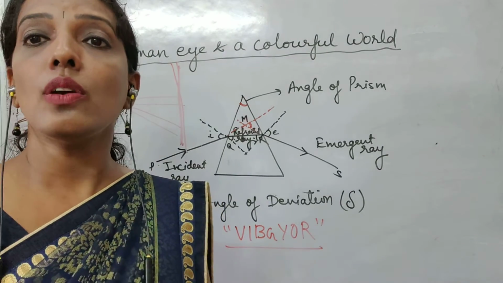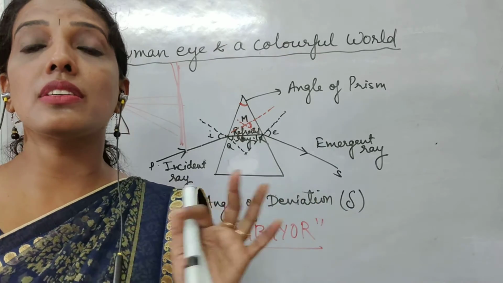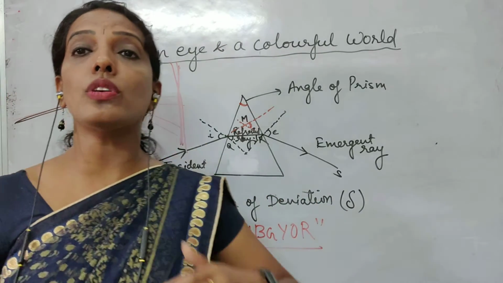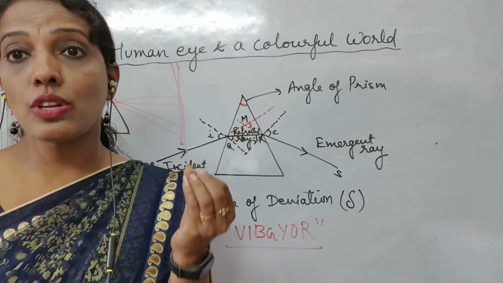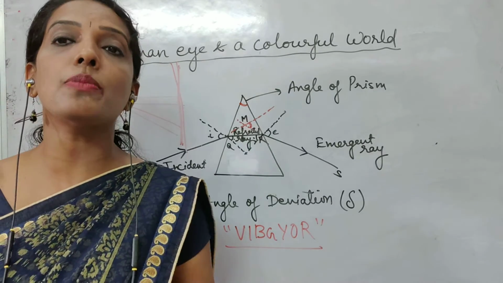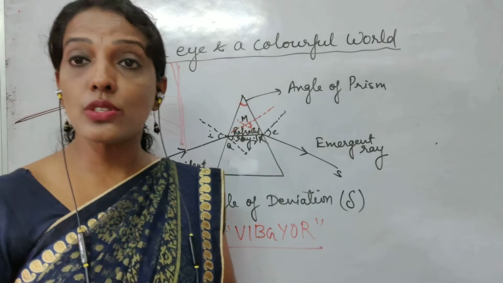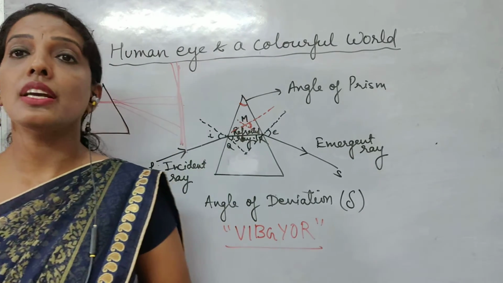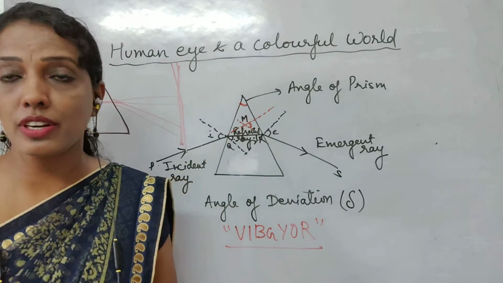Then, to find out what causes dispersion by a prism, they were thinking that something in the prism was responsible for giving the 7 colors of light. So they took 2 prisms and placed them in a different manner.